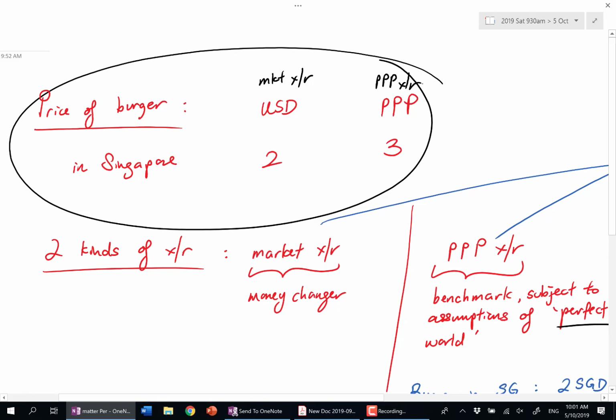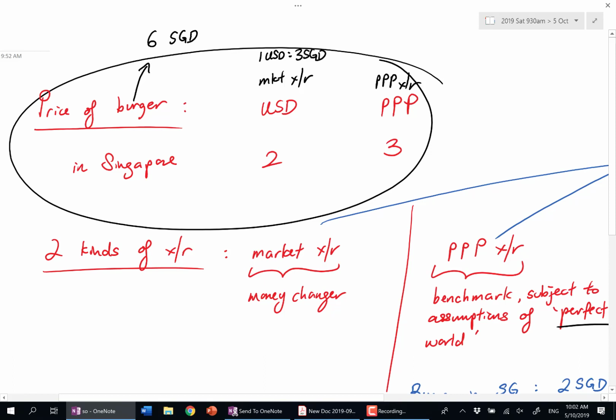If I just look at the final price in US dollars, it may not be so intuitive. Never mind, go one step back. Let's say the burger was 6 Sing dollar. For it to end up being 2 US dollar, the market exchange rate must be 1 US dollar is to how many Sing dollar? 3, right? 3 Sing dollar.